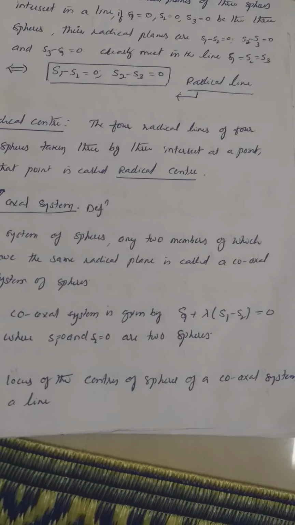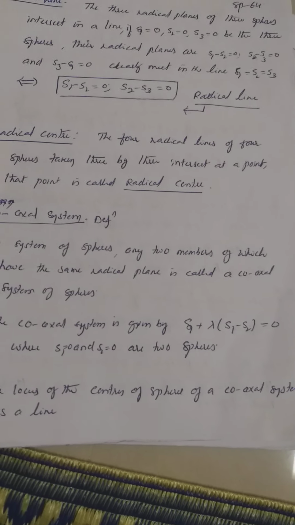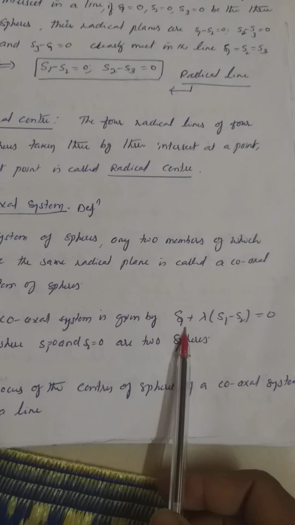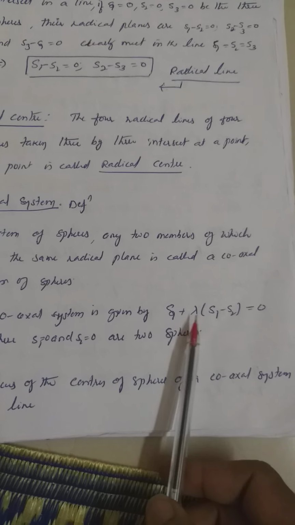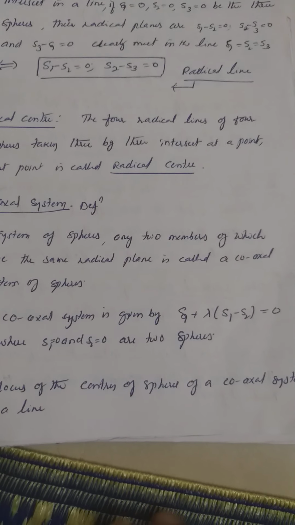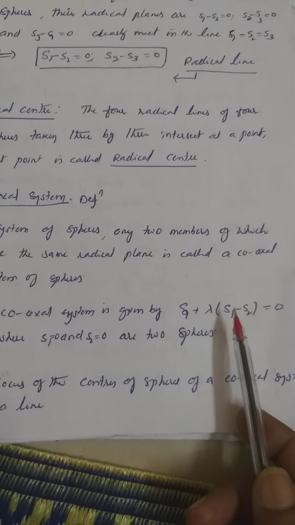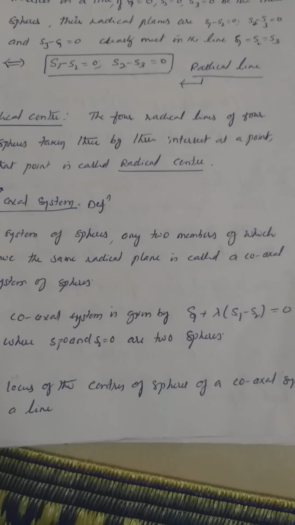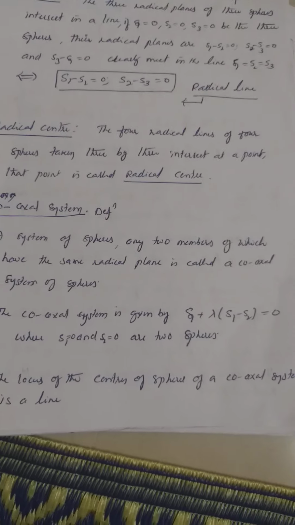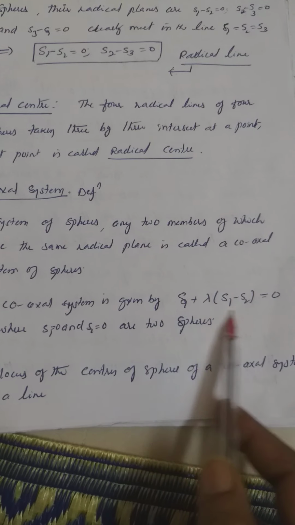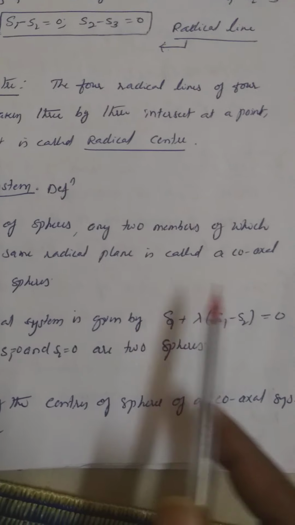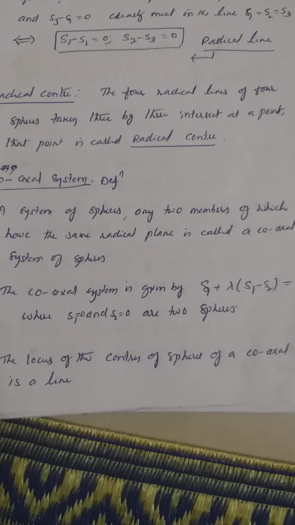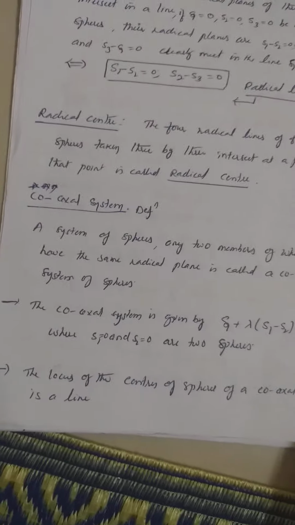Or instead of S1 you can write S2 plus lambda into (S1 minus S2) is equal to 0, or S2 minus S1. Either you can use the first sphere or the second sphere, but it should be in this form only. That form is called coaxial system of spheres.